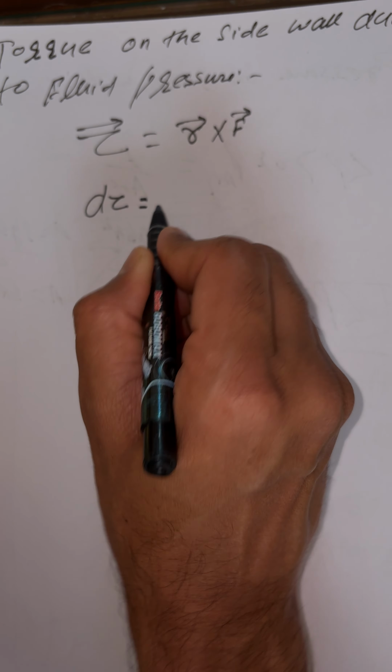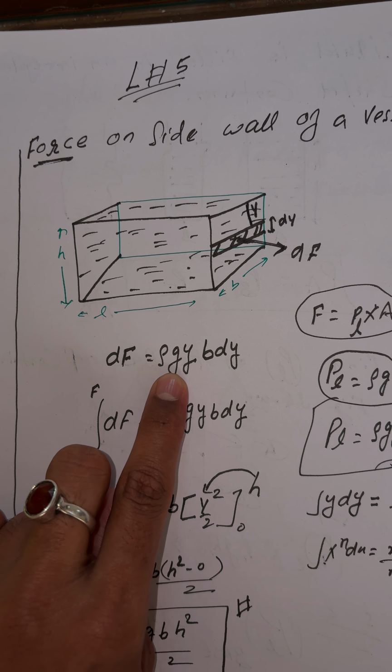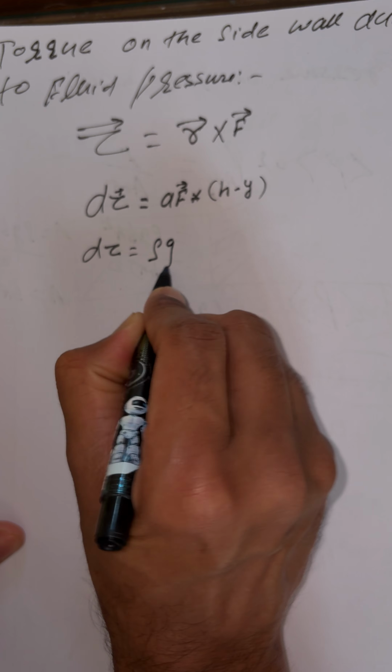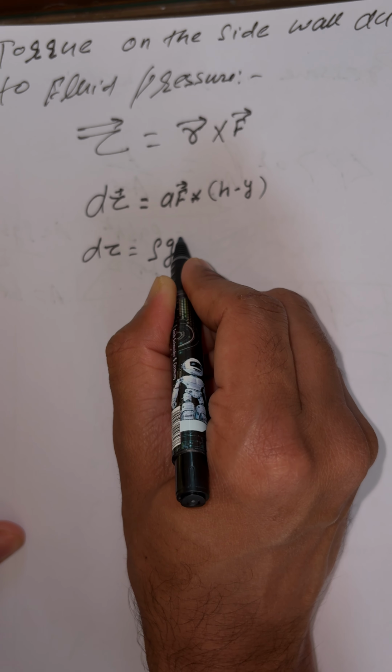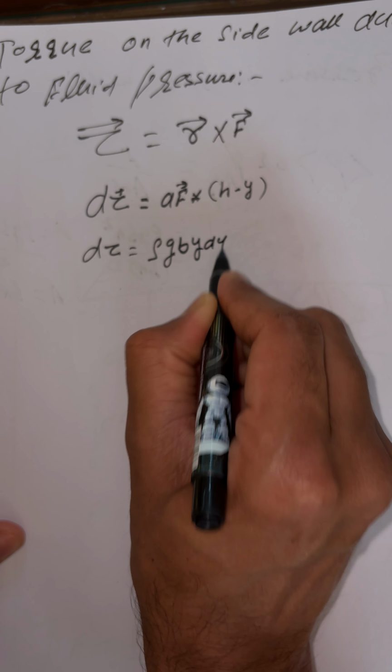Now dF we already found in previous questions, so you can use dF directly from here. What is dF? Rho g b dy. Students, here you can write d tau equals rho g b y dy into H minus y.